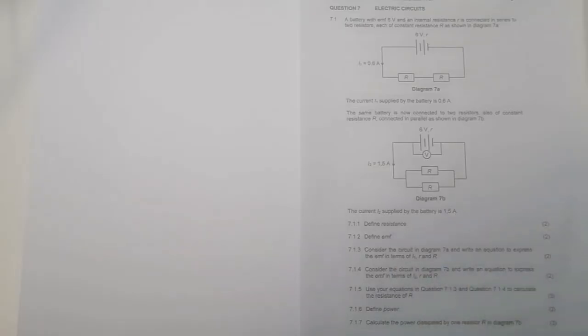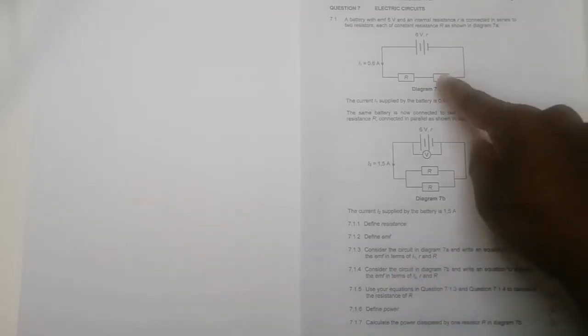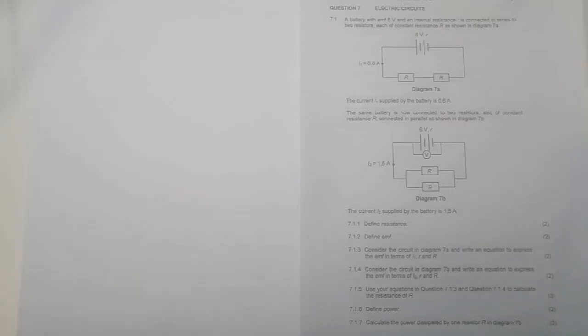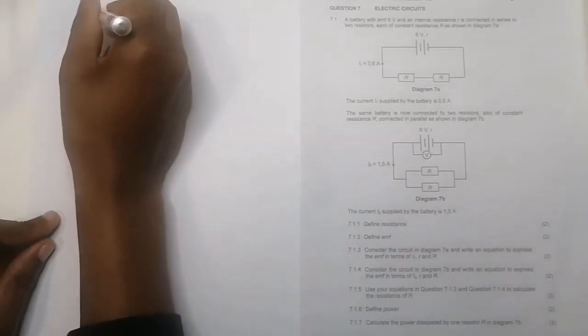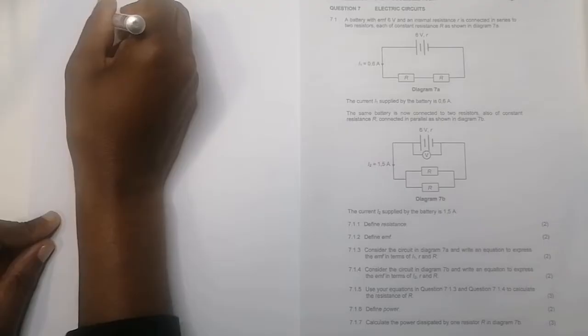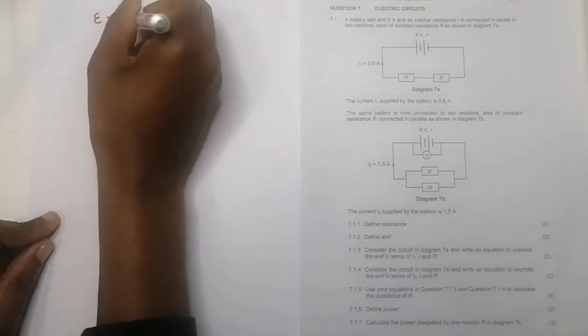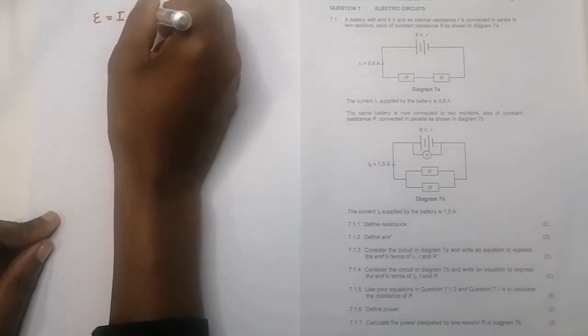Now let's move on to our questions. They say consider the circuit in 7a. Remember, it's this circuit over here. They want us to write an equation to express the EMF in terms of I, the internal resistance, and the external resistance R. We know EMF is equal to I into R plus the internal resistance.